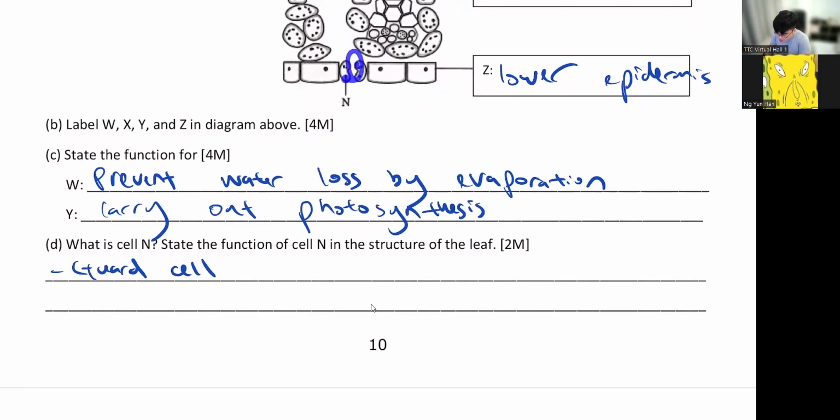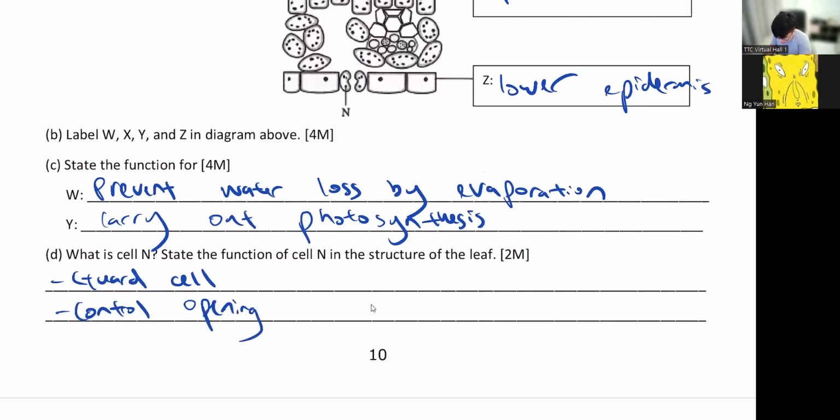This is also to control this opening here. This opening is called stoma. This is to control the opening and closing of stoma. They can make the stoma open, they can make the stoma close.